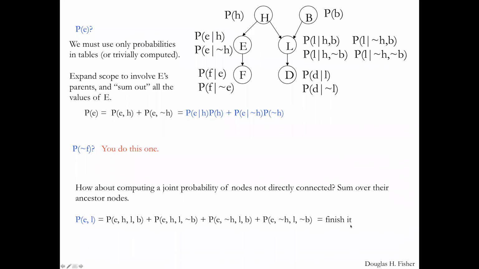Here I've just asked you to finish this, rewriting each of these joint probabilities into probabilities only involving probability tables.